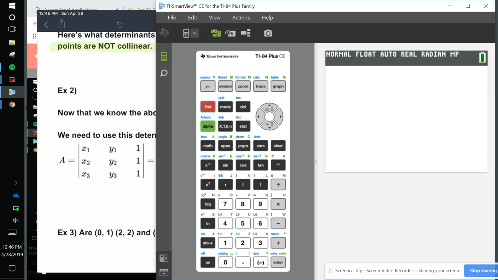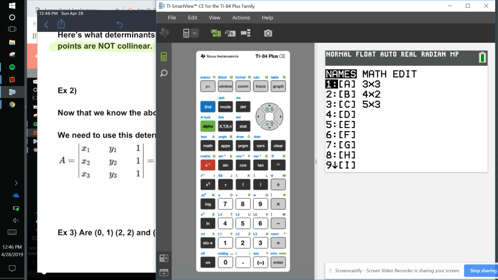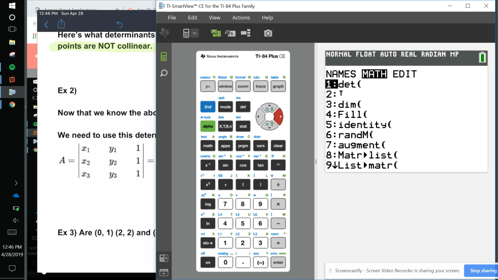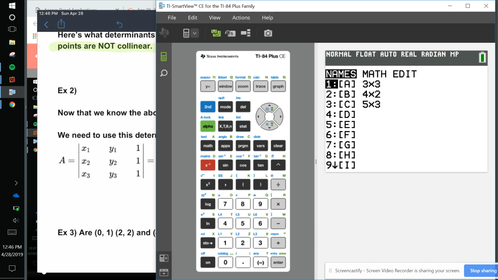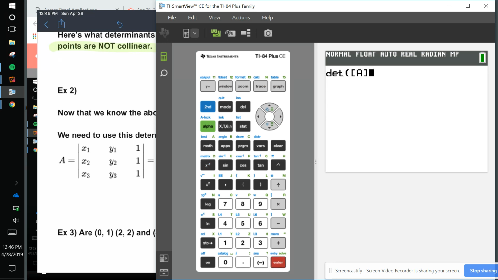We want the determinant as an operator, so I'm going to go over to math, hit determinant, second matrix, determinant of A, enter. I get that the determinant of A is equal to -6.